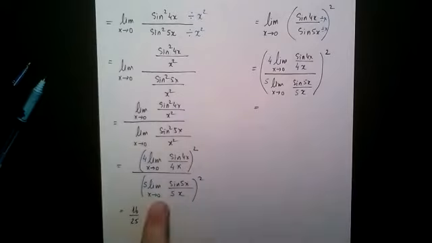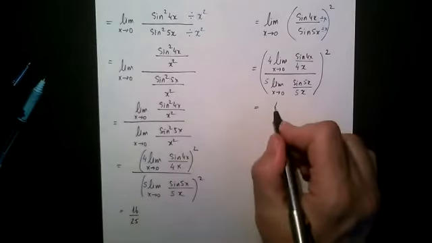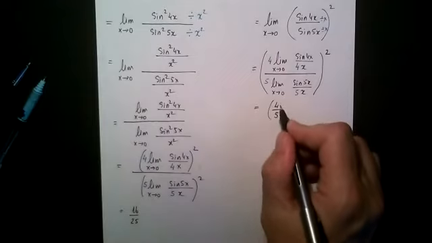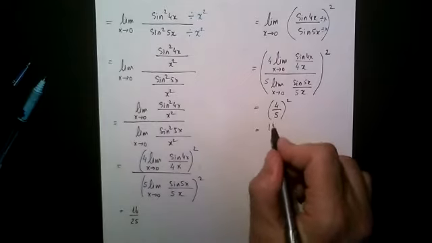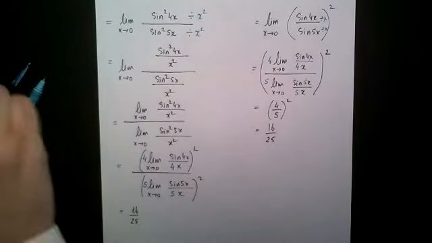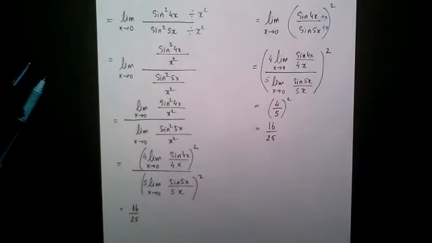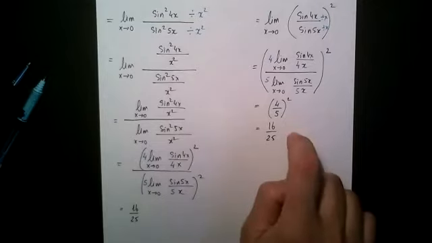I skipped right away to pretty much this step. So the answer is 4/5 to the power 2, which is 16 over 25. So this way is pretty much shorter.